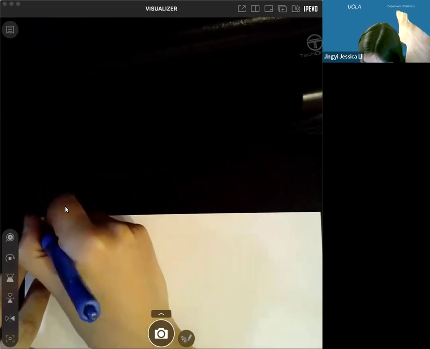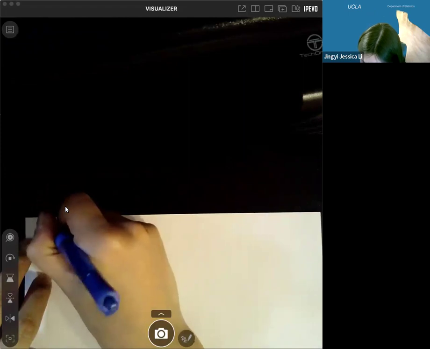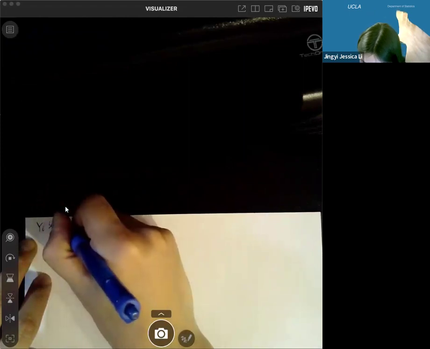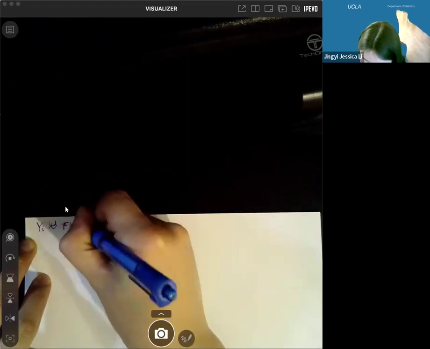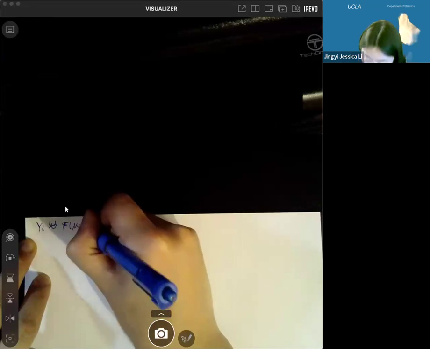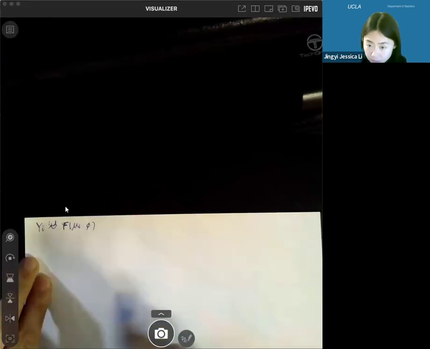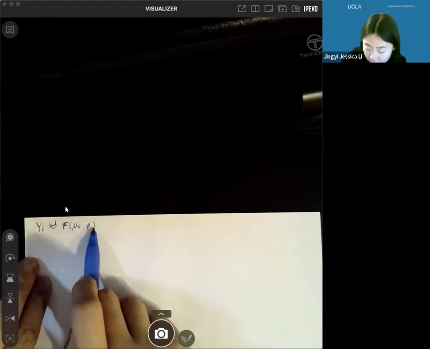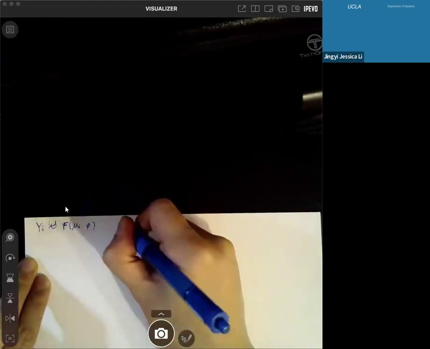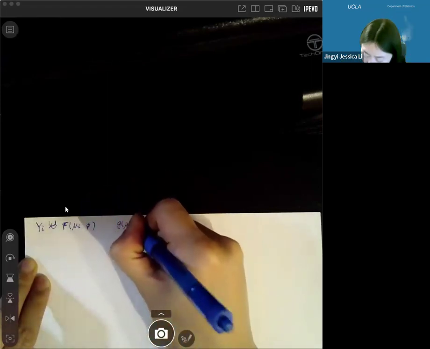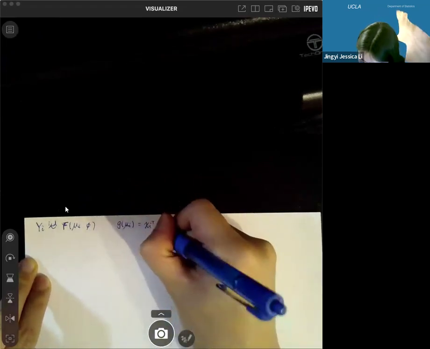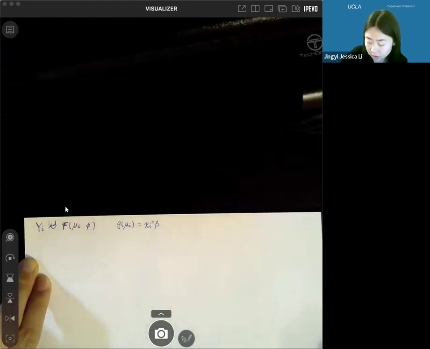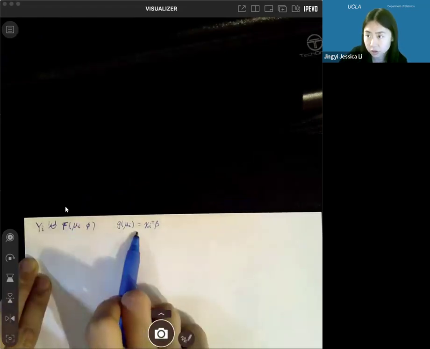So Yi independently following a distribution F, with mu i and some other parameter phi here, but we are particularly interested in the mu i. And then we try to link mu i to our covariates. That's what we want to do. So this is the random structure. This is the systematic structure.